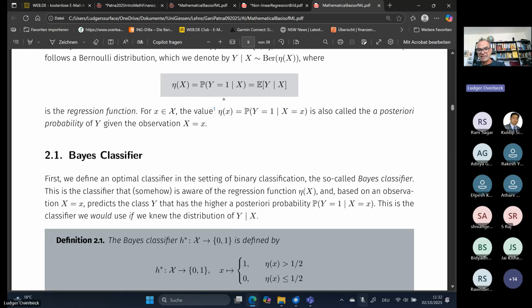And how do we classify? How would you classify if you know the conditional probability? This is 0 and 1. And if the conditional probability is larger than 1/2, then you put it in class 1.